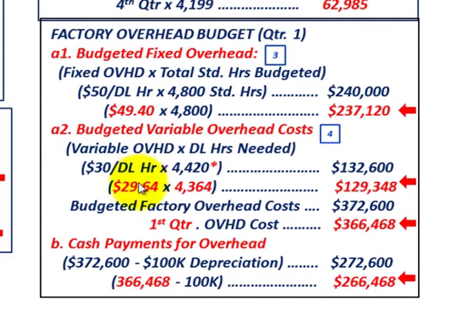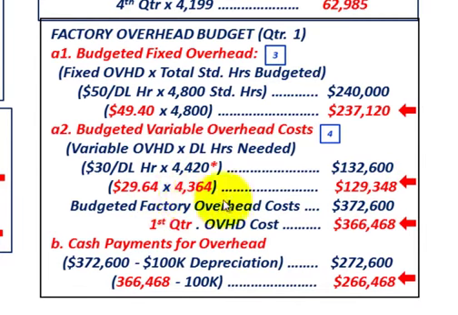Looking at the first quarter, we move down in the direct labor hours we needed, taken off our direct labor budget. We had established a budgeted variable overhead cost at the beginning of the year of $132,600. So at the end of the first quarter, we want to get down to $129,348 based on our new budgeted direct labor hours.